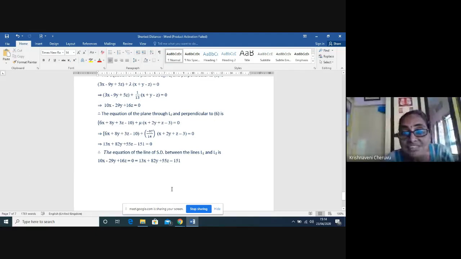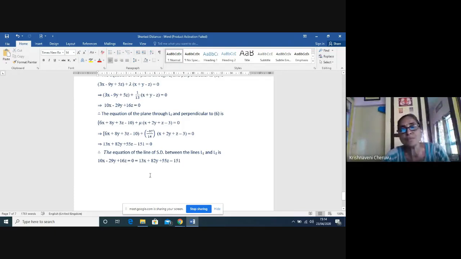No, that intersection is the line, that is the line of shortest distance. So the equation of the line of shortest distance between the given lines L1 and L2 is the intersection of these two planes, where the first plane is the plane containing L1 and perpendicular to 6, whereas the second plane is the plane containing L2 and perpendicular to 6.